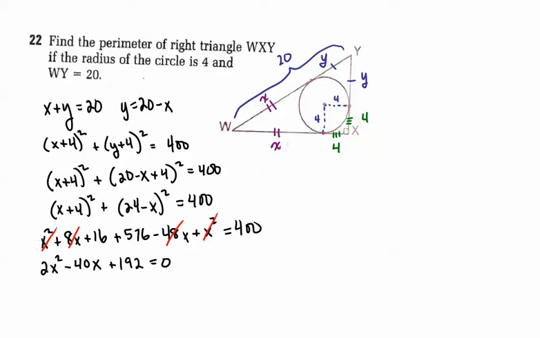And next thing we would do is factor out any common factors. So we factor out a 2. That leaves us with x squared minus 20x, and that should be plus 96, is equal to 0.